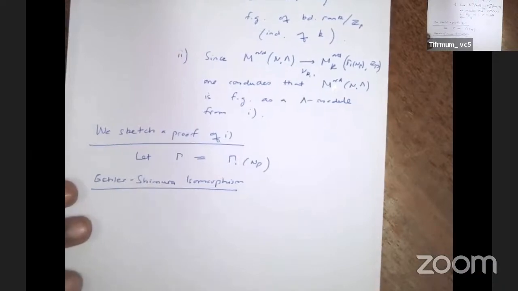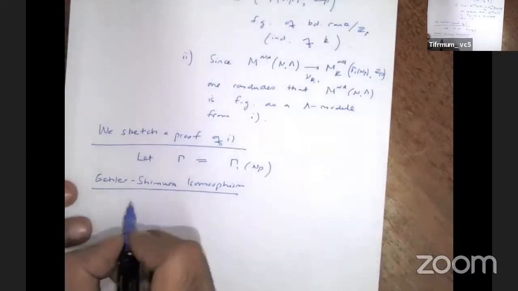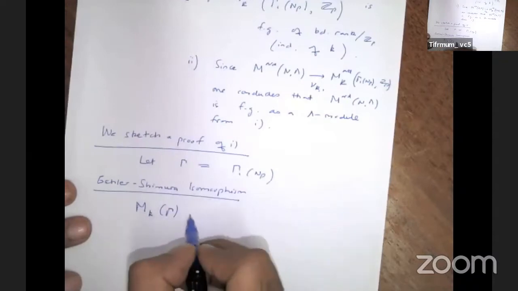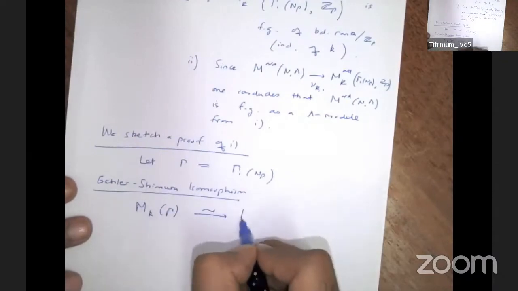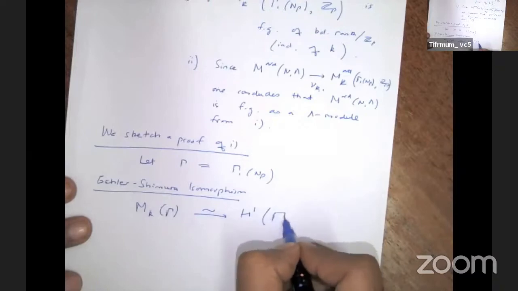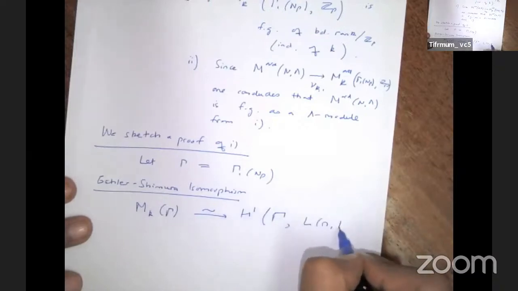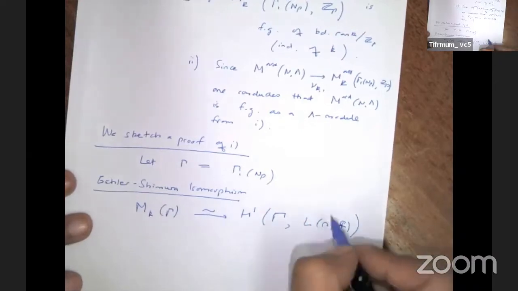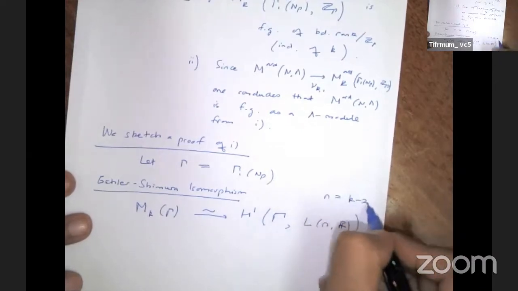But we don't want to use that fancy language here. Let me just write down an explicit isomorphism, namely the space of modular forms of weight k and level gamma is isomorphic to a cohomology group. n is k minus 2 now, yet another meaning for n.